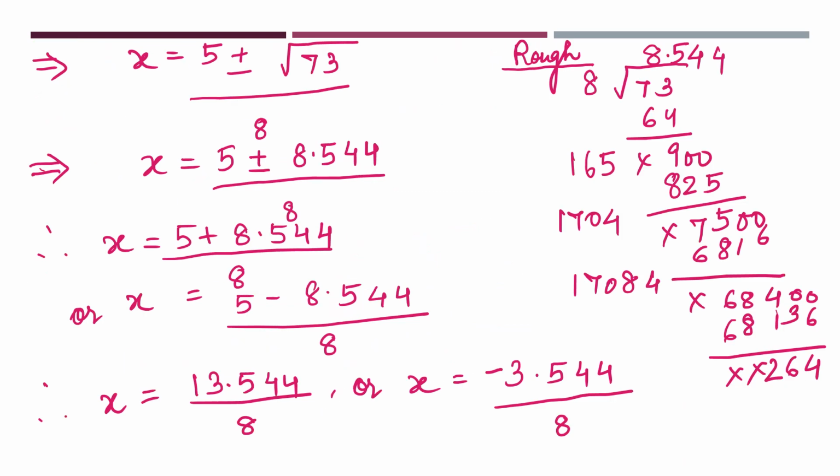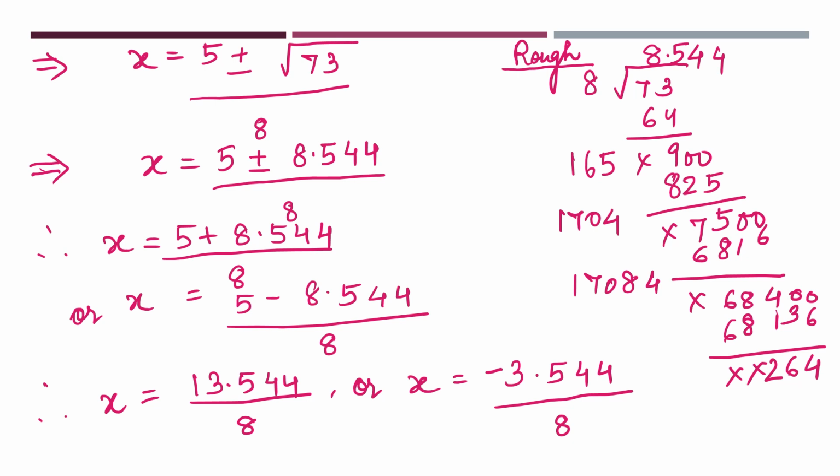So what we find, children, is root 73, the value of root 73 is 8.544. Okay. x is equal to 5 plus minus root 73, that is x is equal to 5 plus minus 8.544 upon 8.